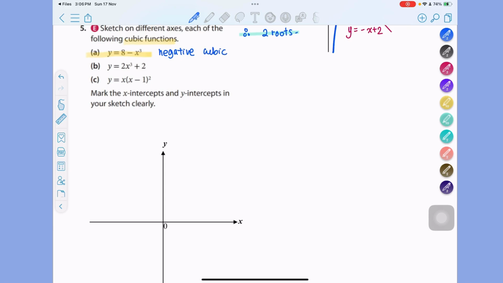Why do I need to identify this? When I have a negative cubic function, I must know the style of the function. A negative cubic function means the function goes down, has a point of inflection, and then goes down again. This is the shape of the curve of the cubic function. This is my first step: the shape of the curve.